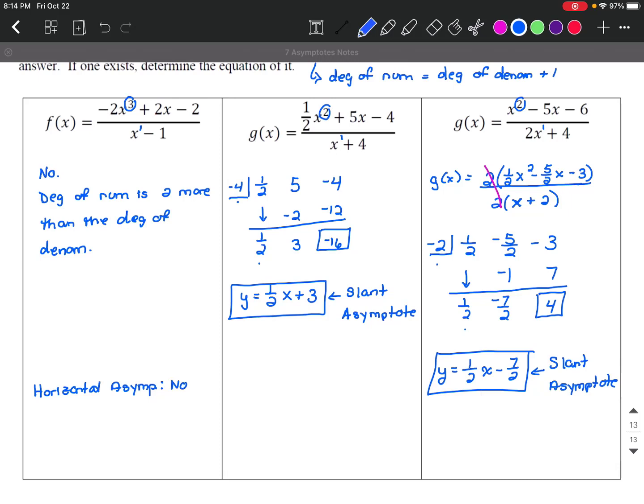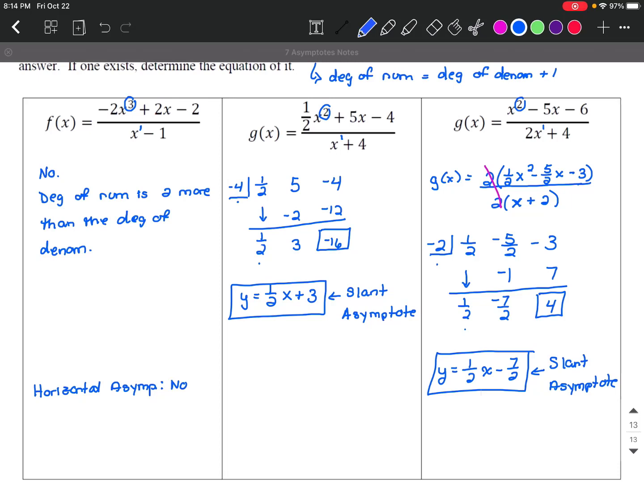We also learned that if we take a rational function and we factor it, there are several things we can find. If we factor, we look at the terms that cancel. If we find the root of the term that cancels, that will give us the x-coordinate of any holes. Now to find the height of the hole, we take that x value and plug it into the simplified function.